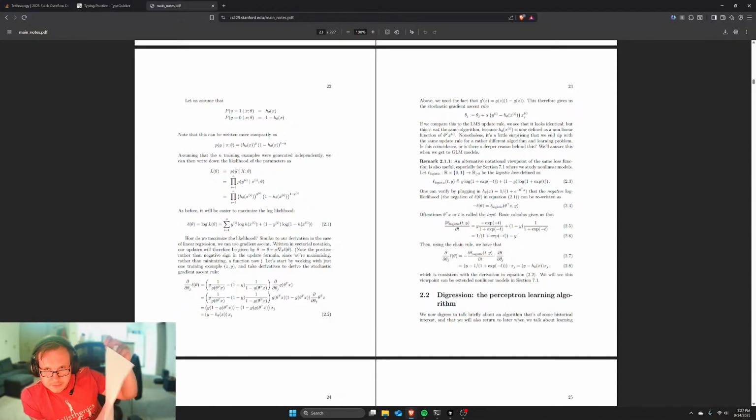Okay, so now we get to the logistic loss thing here. So logistic loss is L_log(t, y) equals y log(1 plus exp of negative t) plus (1 minus y) log(1 plus exp of t).